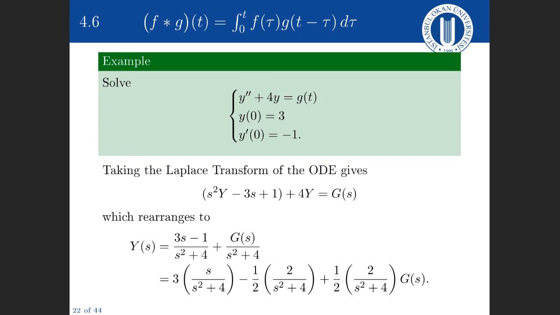Capital Y is 3 multiplied by s over s squared plus 4. Okay, we know s over s squared plus 4. Minus a half, 2 over s squared plus 4. Again, we know 2 over s squared plus 4. Plus a half, 2 over s squared plus 4, times capital G. I know this one.